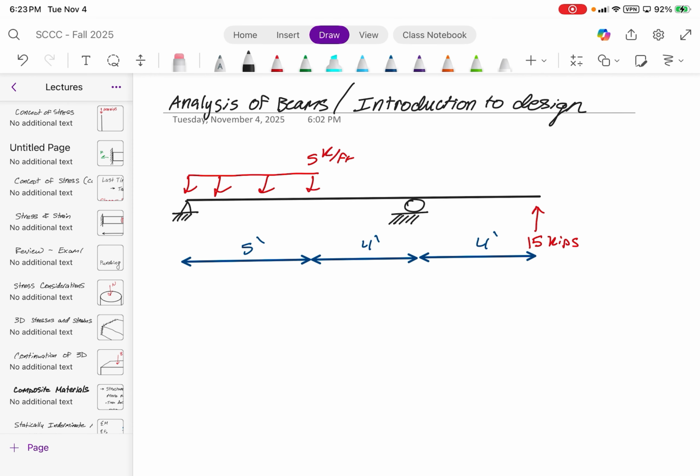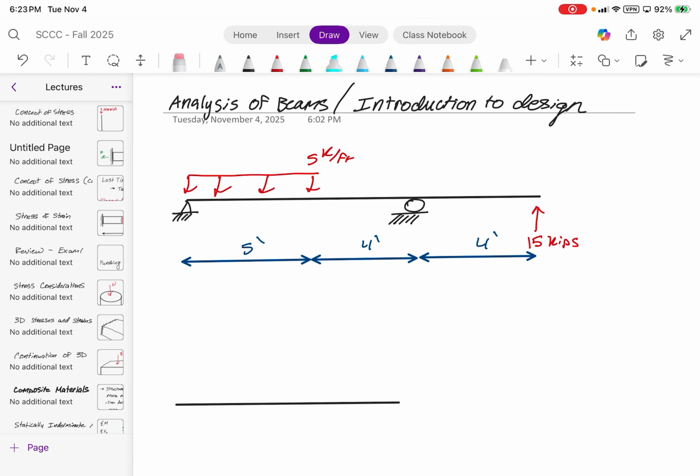Did everyone do that? Did everyone at least draw the shear force diagrams? Who here got to the bending moment diagrams? Nobody. All right. So that gives me an idea on who watched the lecture last class.